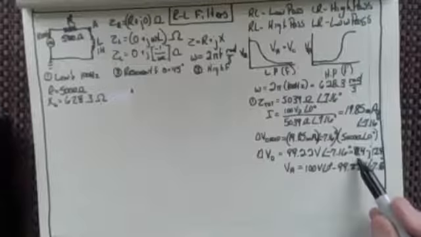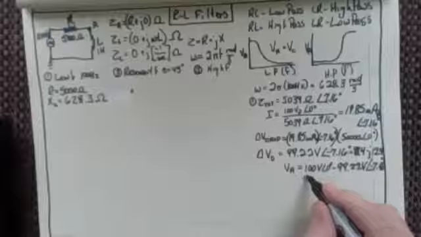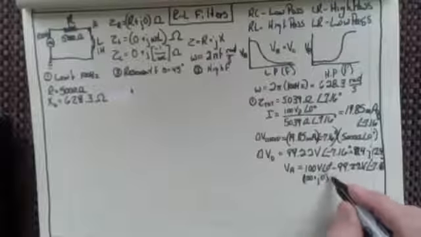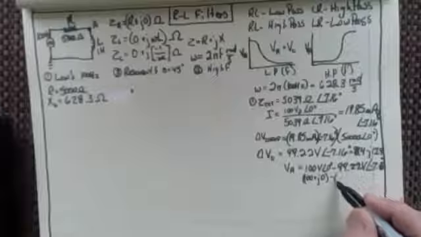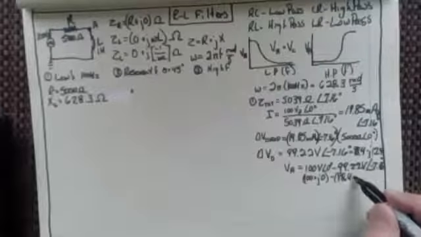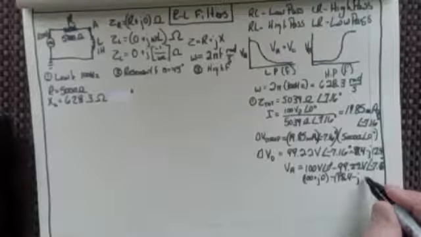So you can see that 100, and this is really 100 plus j0, isn't it? And then I'm going to subtract off 98.4 minus j. Now that minus is a minus, so it'll be a plus.